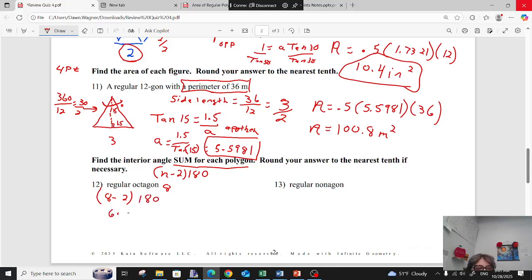So 6 times 180 is? That's it. What about a nonagon? Has 9 sides. So 9 minus 2 times 180. What's 9 minus 2? 7 times 180. What is it? And these are in degrees, by the way, people, because it's an angle measure.